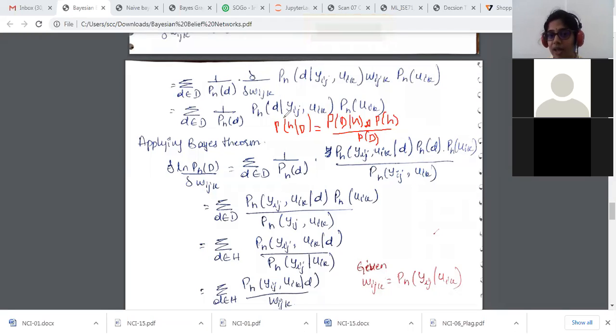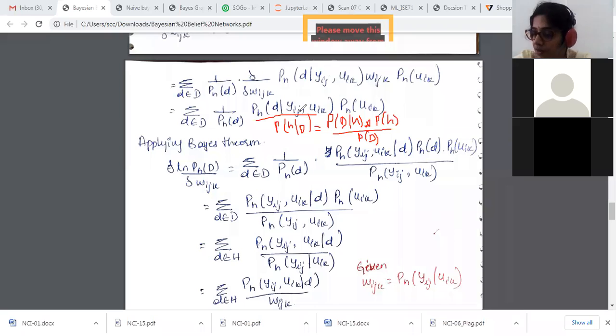I'm applying this for this particular term. So apply Bayes theorem for the term that is being given.